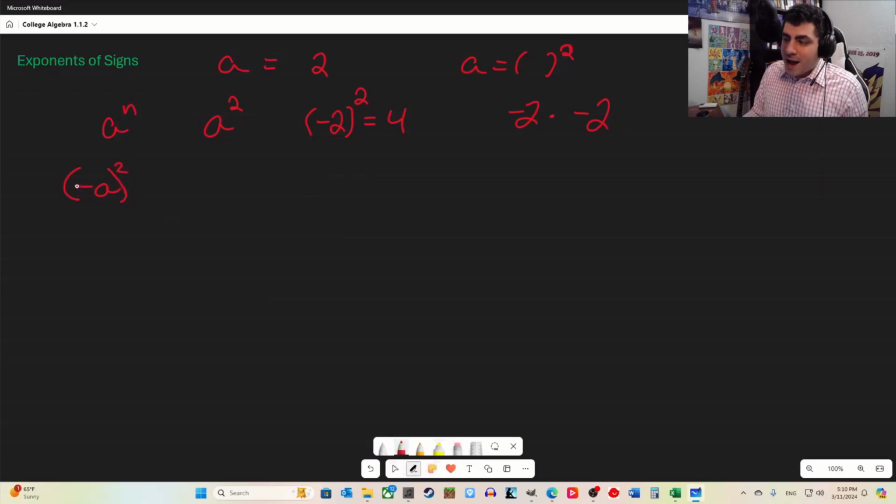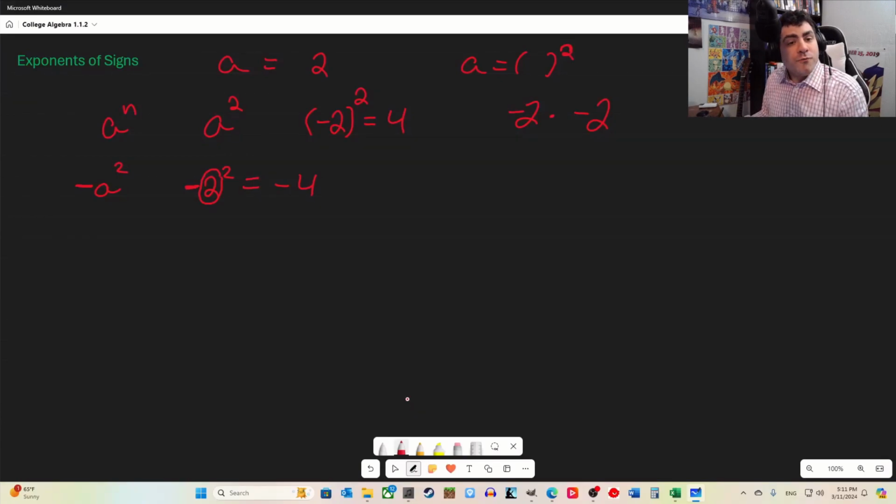That means we do not square this -1, because we are not applying it to that. It is simply attached to this a. So if a equals 2, we have -2 squared. That means we simply have to square this 2. So 2 squared, or 2 to the second power, equals 4. Because we did not affect this negative sign with the square, we carry it over. This becomes -4.